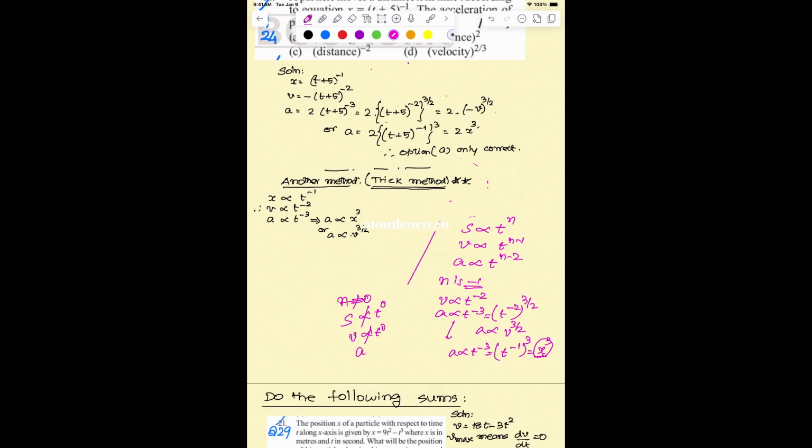Acceleration can be proportional to t power 0 because that can be constant. Whereas if it is not t power 0, then acceleration is not proportional to t power minus 1. Remember, in this case what we are doing is reducing n to n minus 1 to n minus 2 in this manner. Now if velocity is proportional to t power 0, then by our method acceleration would come to t power minus 1, which is not correct, because velocity proportional to t power 0 means velocity is constant.